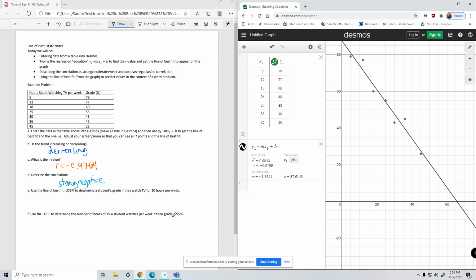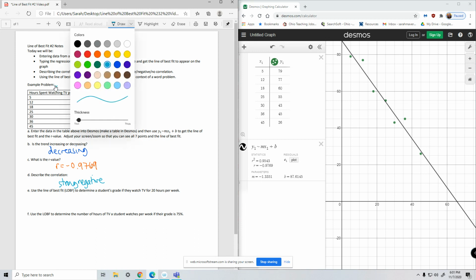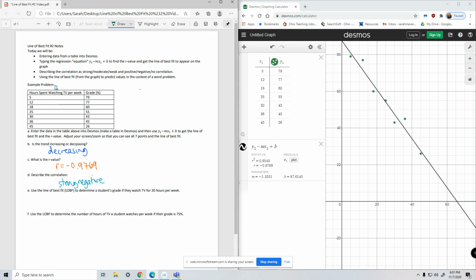Is 20 hours a week of TV watching X or Y? Well, looking at our table, we see that hours spent watching TV is our X variable, and that the grade in the class is the Y variable. So for answering letter E, we want to know what happens when X equals 20.